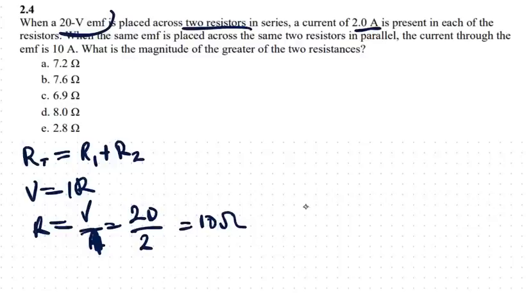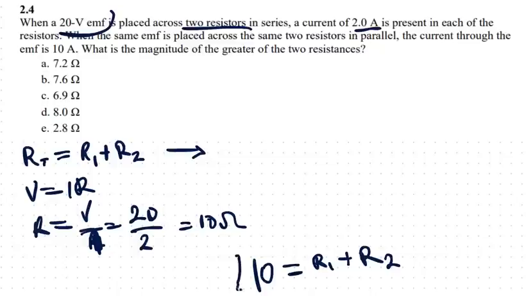Okay, so in this case I can say that this expression will be 10 is equal to R1 plus R2. This is for resistors in series.